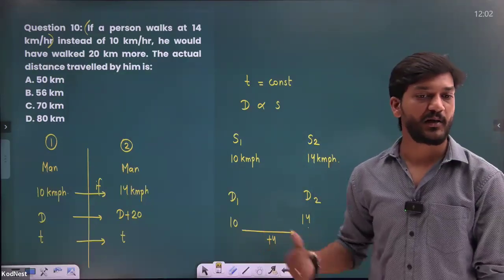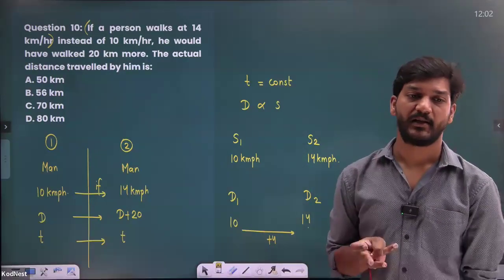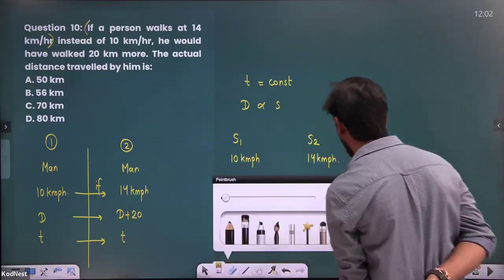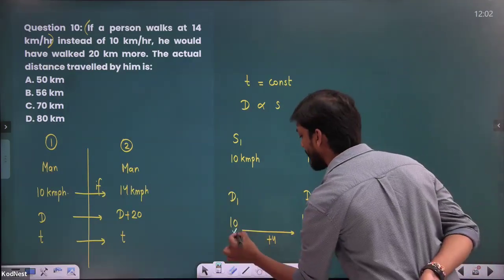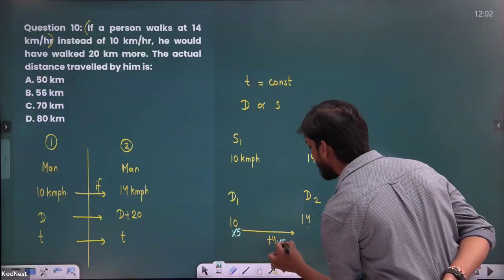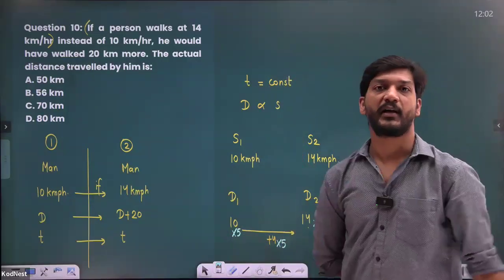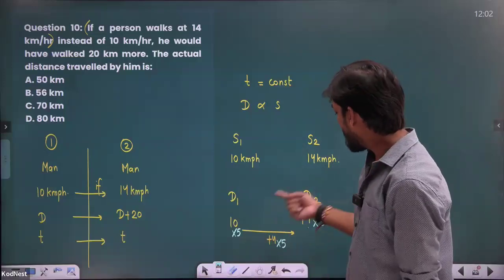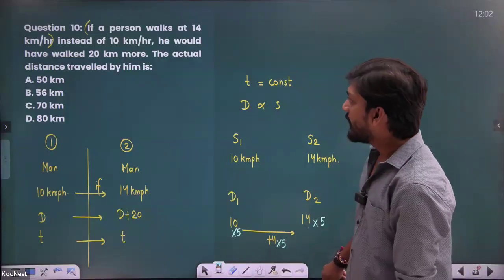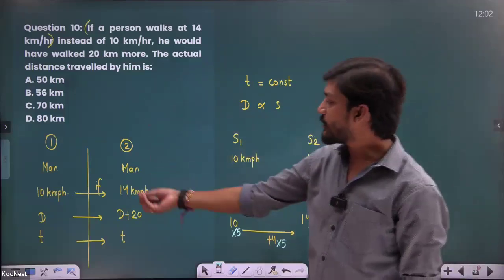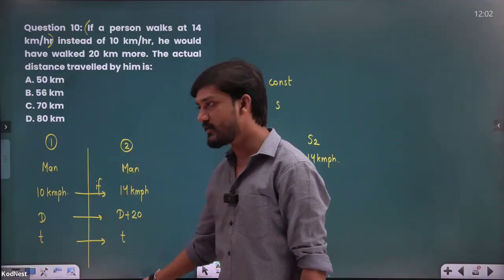So what should I multiply? Multiply by 5. So multiply by 5, multiply by 5. This is your distance. So distance 50, distance 70. Now, actual distance traveled by him, is it this or this? Please answer. First or second?